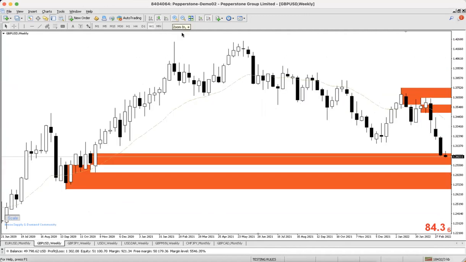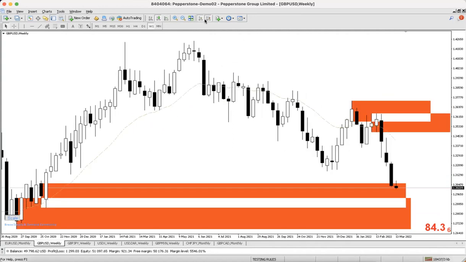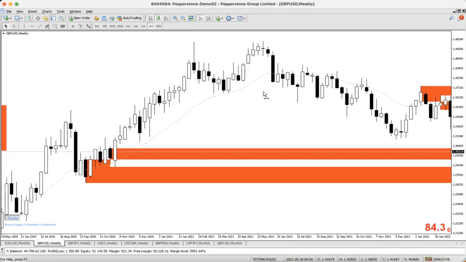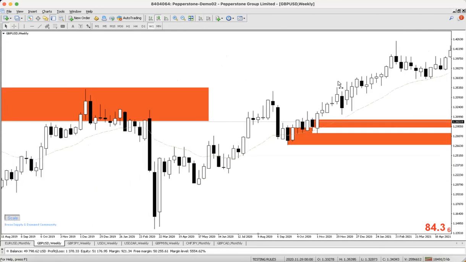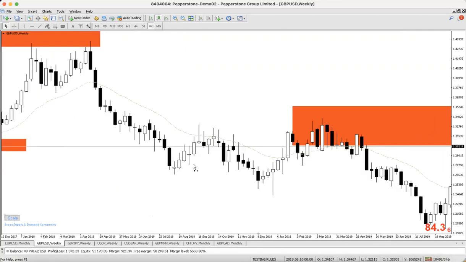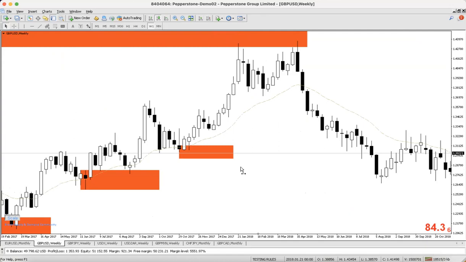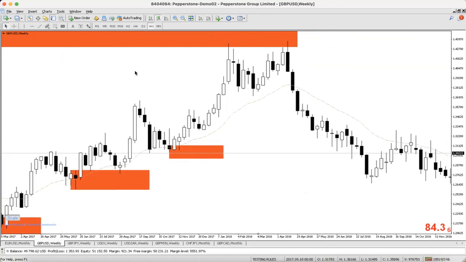So now let's look further. Do we have any original here? Let me show you the original zones. Yes, this one here. For example, when you look at this, it's a CP which made an original zone.